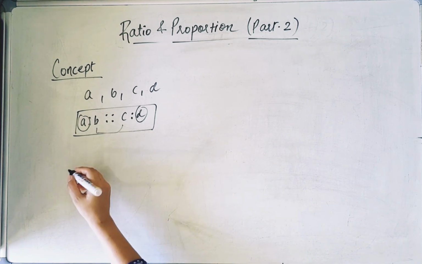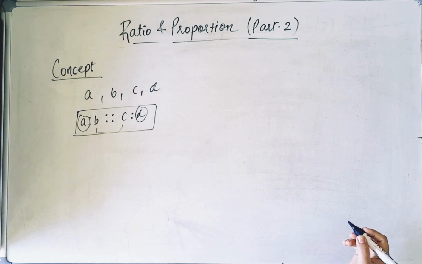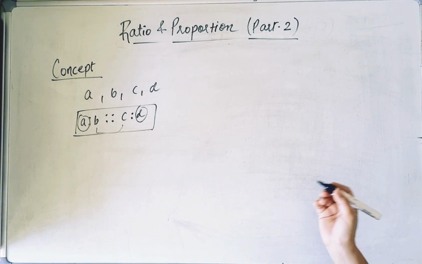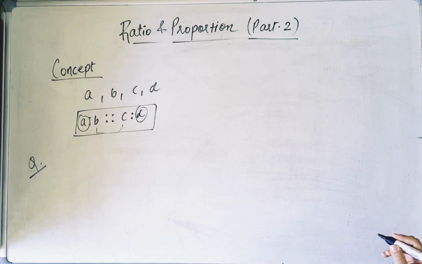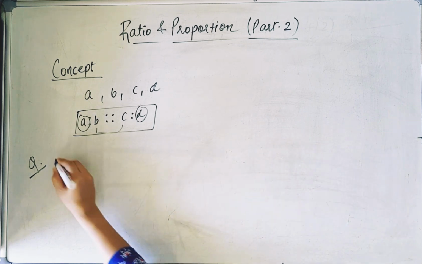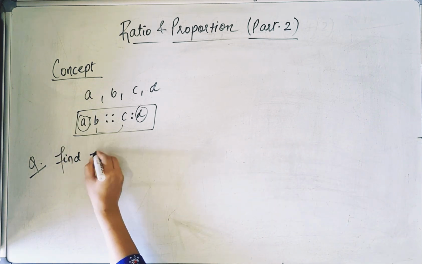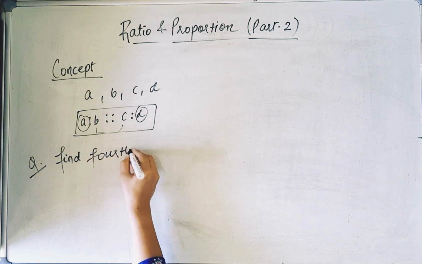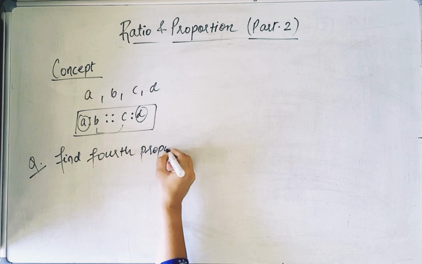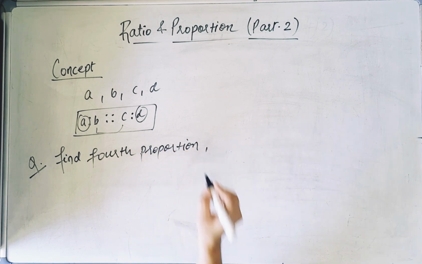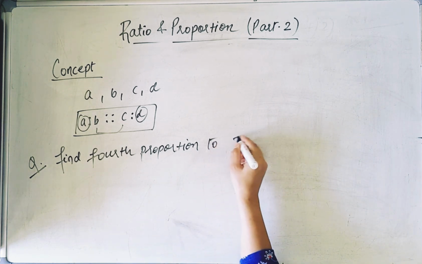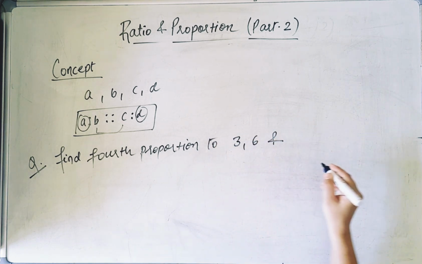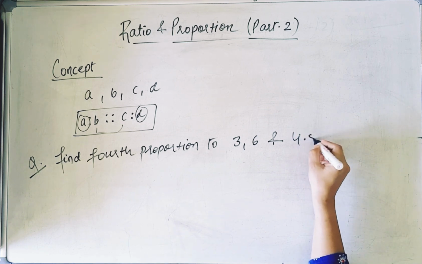Let's suppose we have a question in which we are provided with three quantities, and we have to find the fourth proportion. Find the fourth proportion to 3, 6 and 4.5.